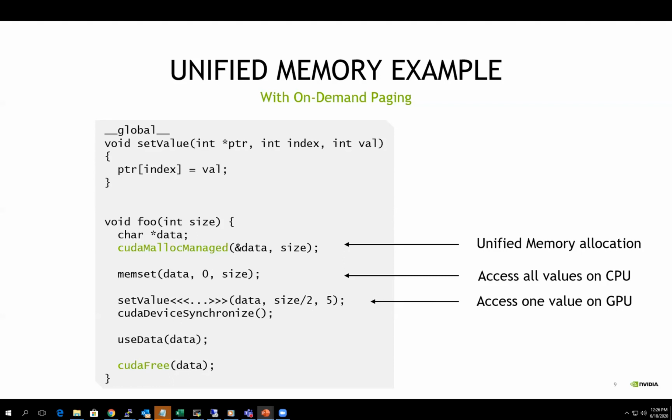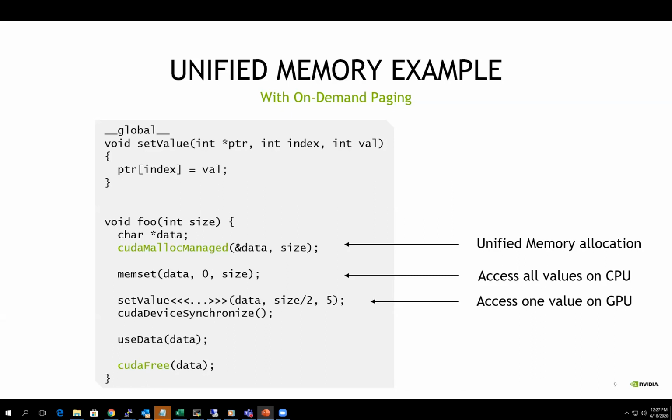So let's understand what this code is doing. When I run the memset call, I've simply initialized all my data, the entire allocation, to 0. But when I get to the point of my kernel call for set value, what you can see is this is only setting a particular location. If you look at that CUDA kernel depicted on the top of the slide called set value, it's taking an index location, and the only thing it's doing, for one or however many threads you launch, they're all doing the same thing, is taking that location referenced by index and setting it equal to the value that you pass.